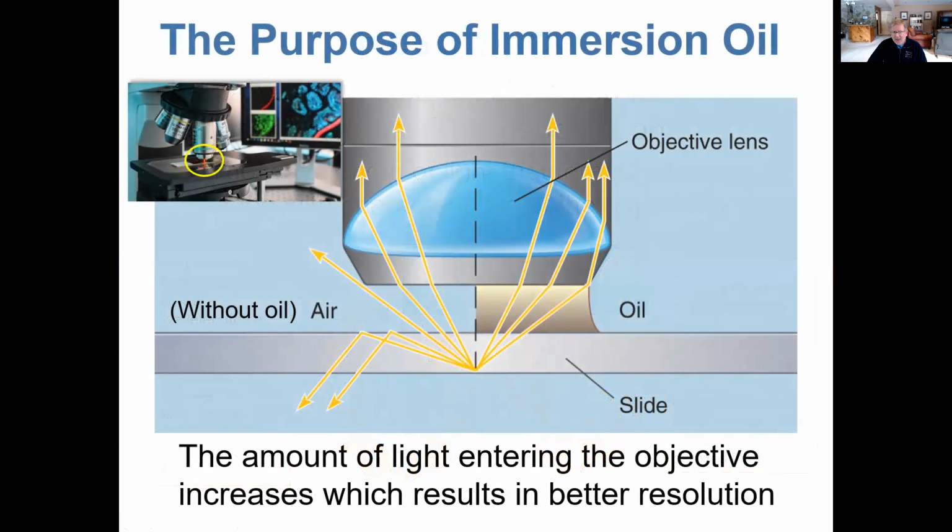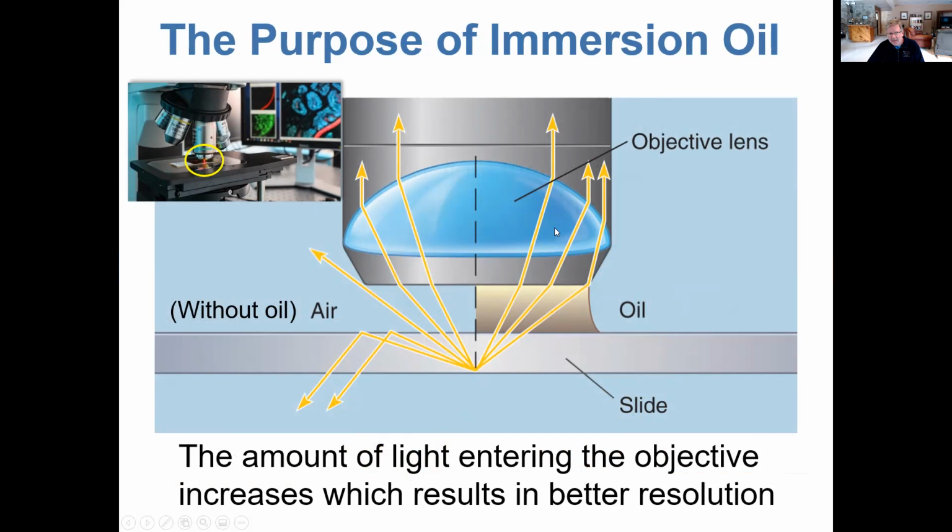And the way that we can do that in the microbiology lab is by the utilization of the oil immersion objective. And so in this sort of insert photograph that I stole from the internet, here we're zooming in on that area where we've got our oil immersion objective. And here's our slide, of course, on our stage.